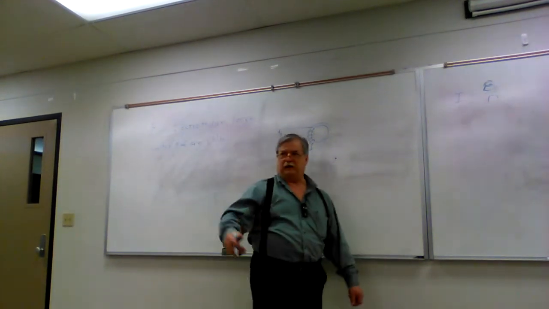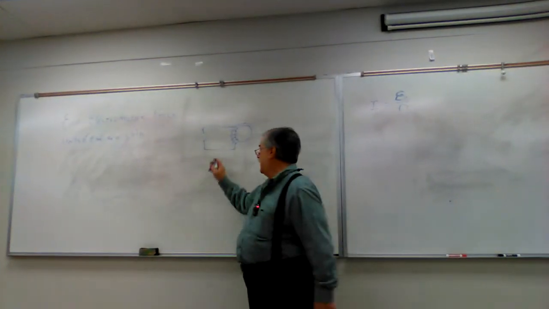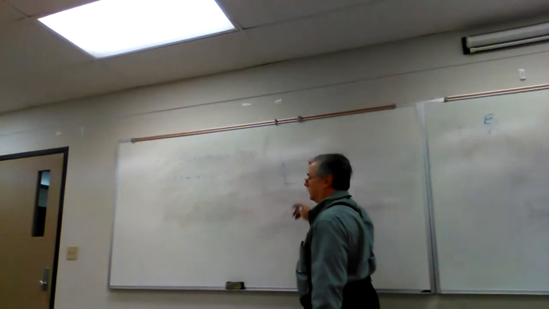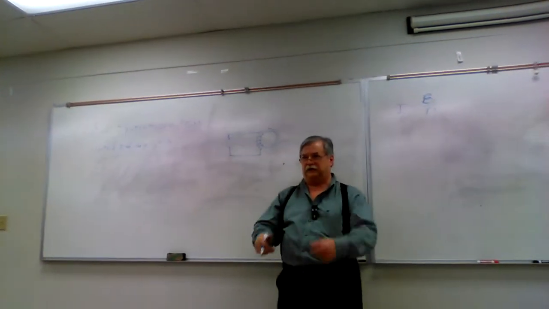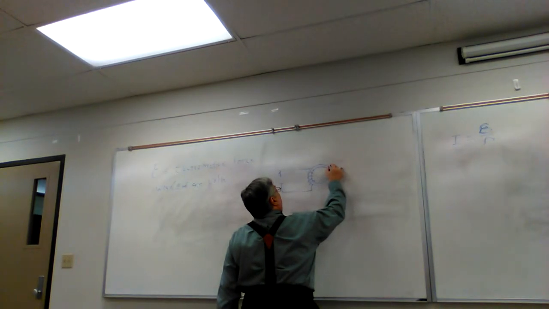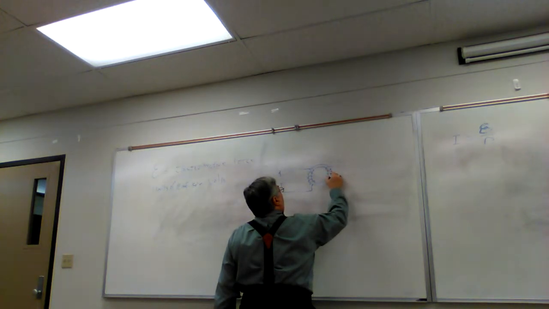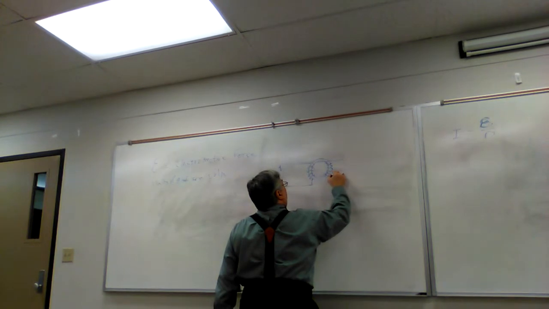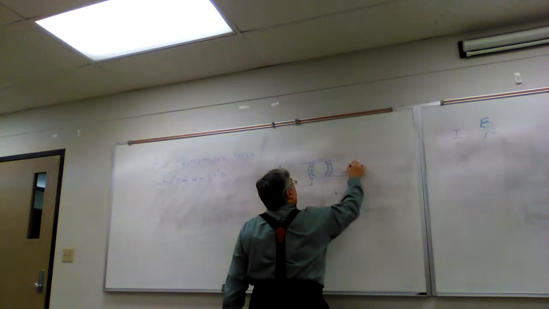So it would produce a magnetic field inside the solenoid. And the iron ring would then, in turn, concentrate that magnetic flux. And he brought the other side over here and hooked it up to a galvanometer.